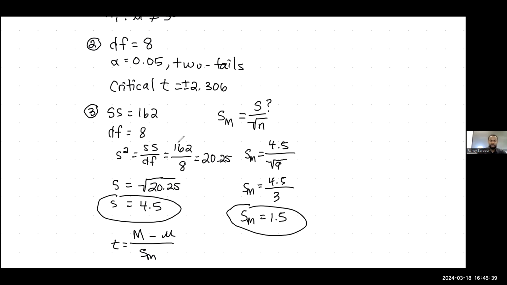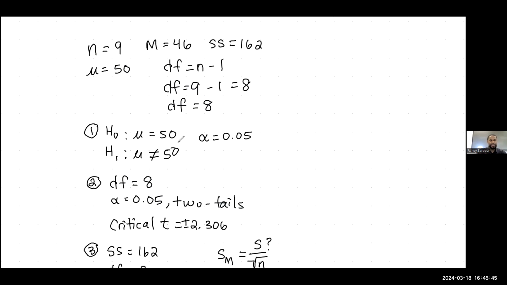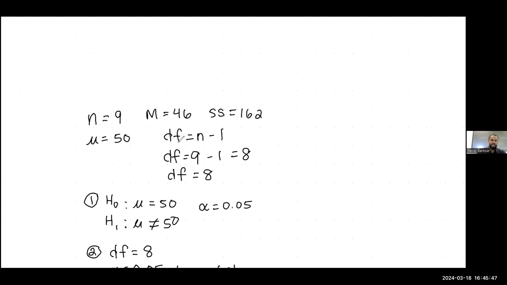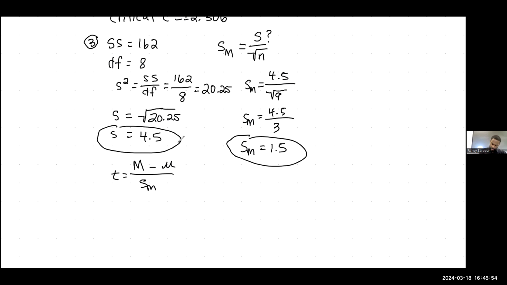Given this information, I'm just plugging in values now. So if I go back up, my population mean is 50, my sample mean is 46, and so let me go ahead and write this out. Given the information, I know my sample mean is 46, my population mean is 50, and my estimated standard error of the mean is 1.5.